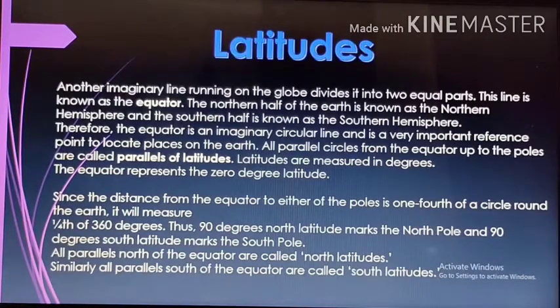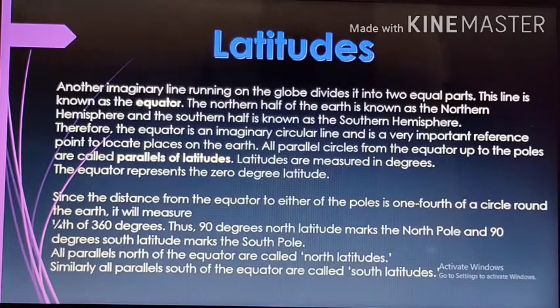Thus 90 degrees north latitude marks the North Pole and 90 degrees south latitude marks the South Pole. As such, all parallels north of the equator are called north latitudes. Similarly, all parallels south of the equator are called south latitudes. The value of each latitude is therefore followed by either the word north or south. Generally, this is indicated by the letter N or S.